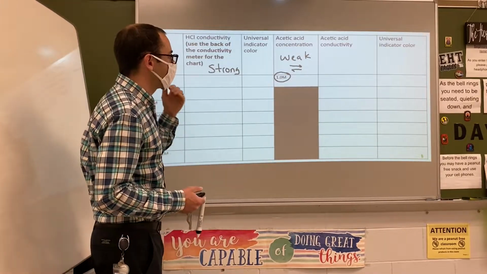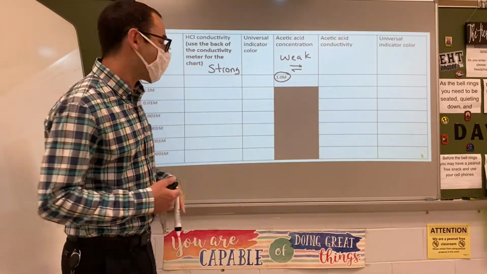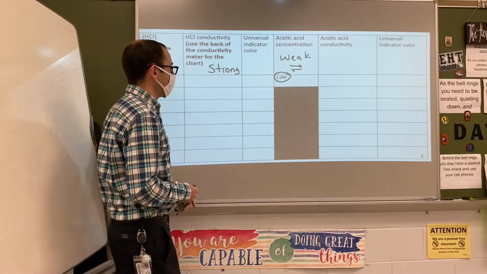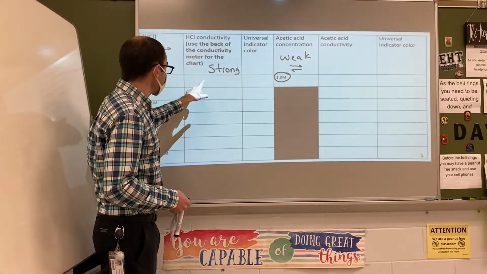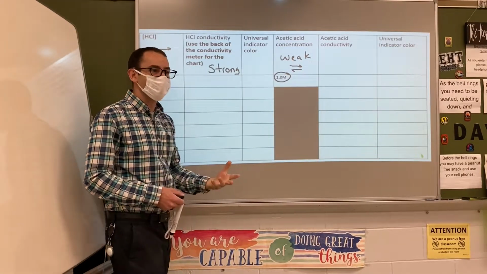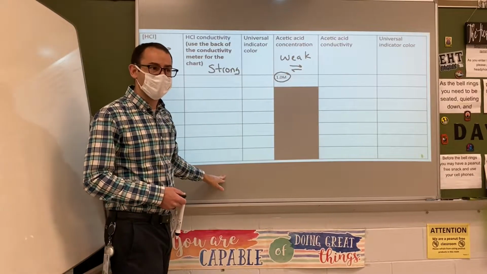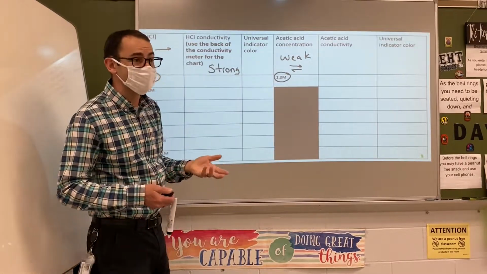Now, how are we going to visualize their comparison? We're going to do it 2 ways, and I just added this one this morning because I thought, why not? Universal indicator looks cool. Let's check it out. The first way that we're going to do it is with a conductivity meter. So we're going to see how much they conduct electricity. And the assumption would be that this one will conduct the electricity the most, and this one will conduct the electricity the least, all right? Because this is the strongest. Now we'll find out if that's true or not.